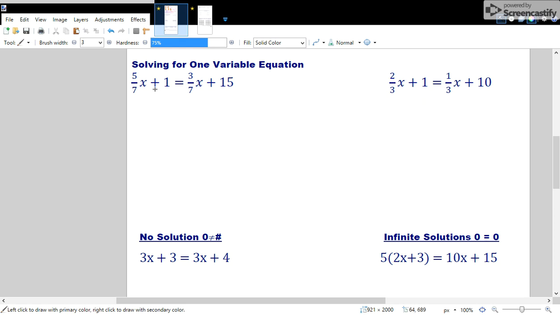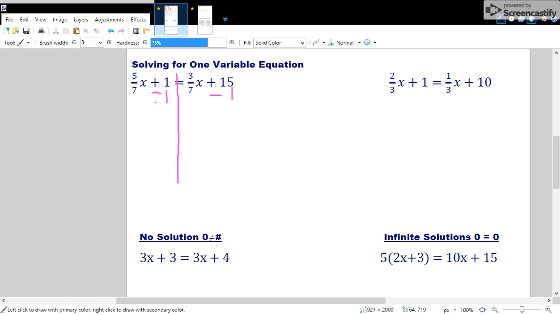Now we want to move all of our x's on one side of the equal sign and all of our constants to the other side of the equal sign.